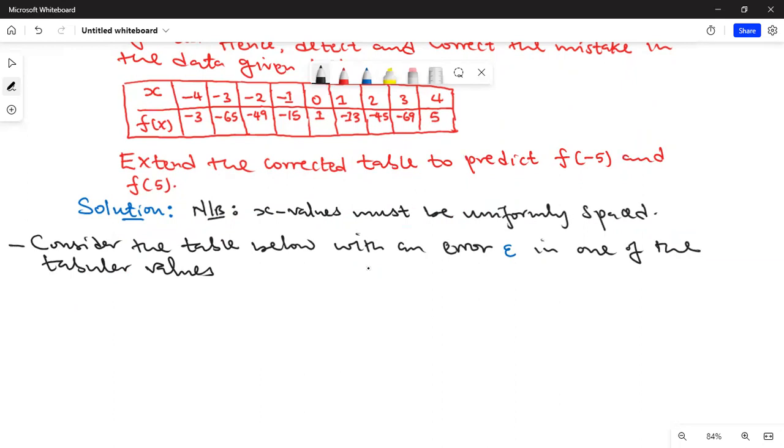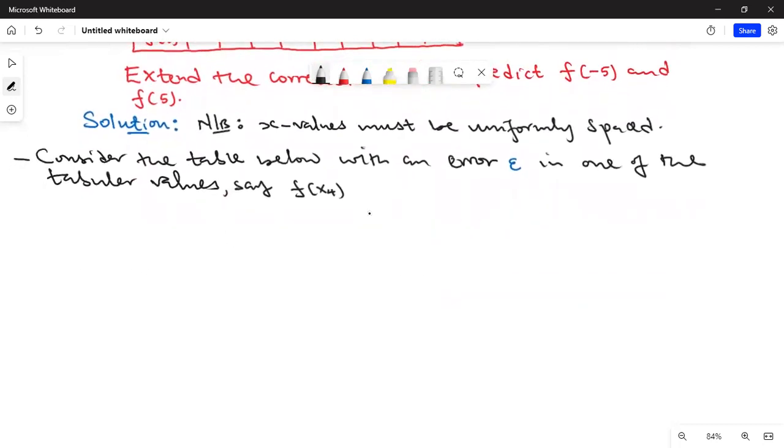One of the tabular values, let's say f of x3, or simply f of x4, has an error. So those tabular values without the error, we are tabulating the x values against the error.